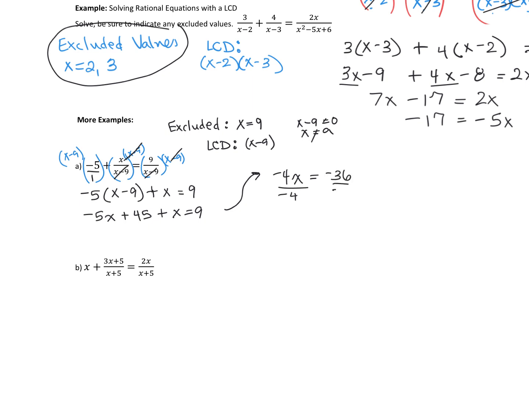Dividing by negative 4, we get x equals 9. Now in this case, this does not check because it was our excluded value. So we have to toss this out, and there's actually no solution to this equation.